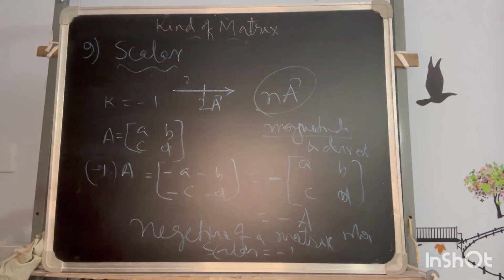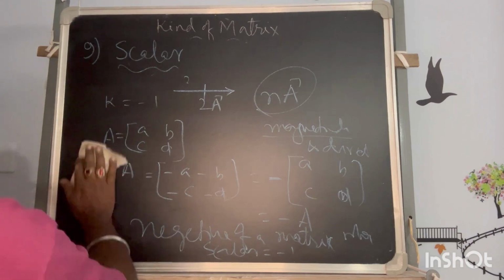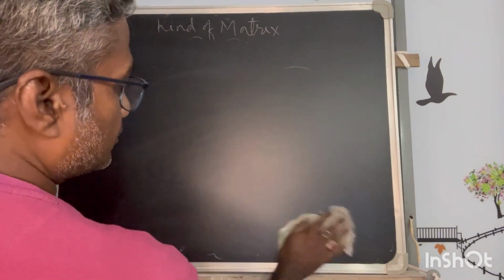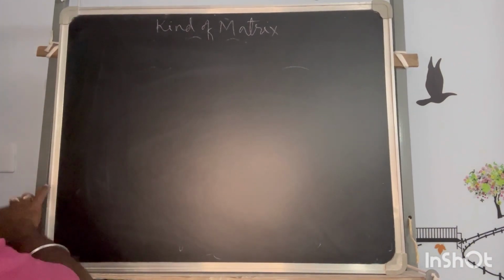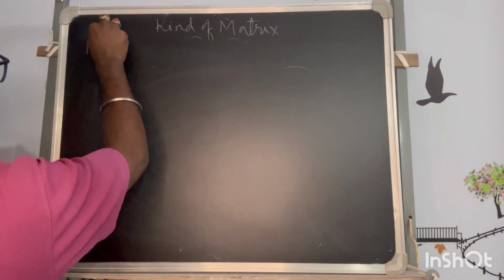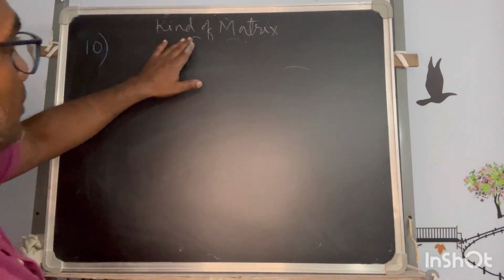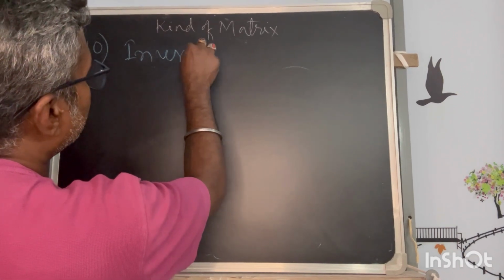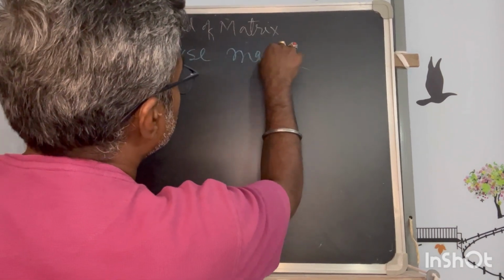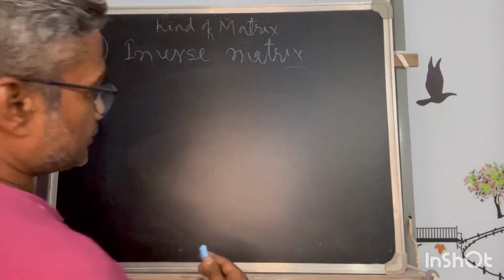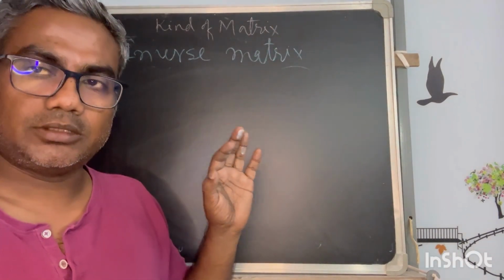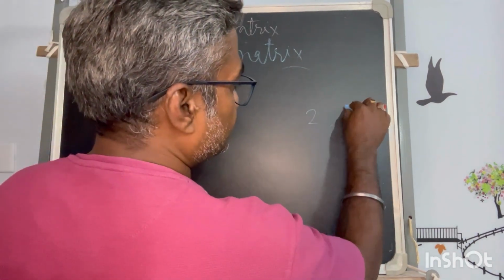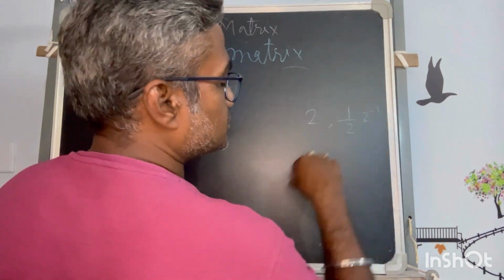Next comes number 10, and this is probably the last kind, if I'm not wrong. This is called the inverse matrix. This is not actually the inverse in algebra. What we defined, if I take the inverse of 2, this is half, that means 2 to the power minus 1.